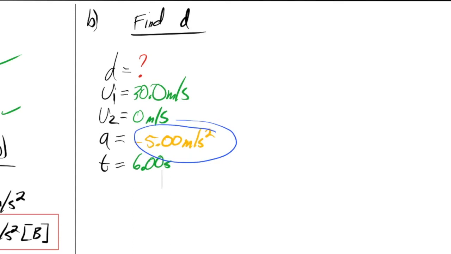We calculated it in part A, which means that it's subject to potential error, whether it is rounding error or actual computational error, for example, us simply making a mistake. The rule is that you try to avoid, if you can, using calculated values, and you try to rely on the given values as much as possible.